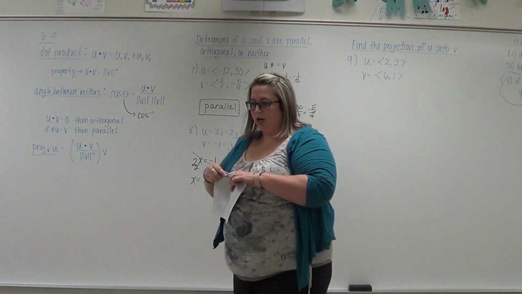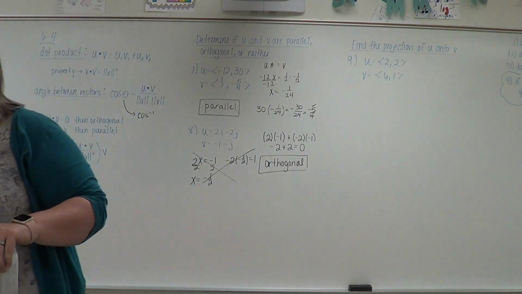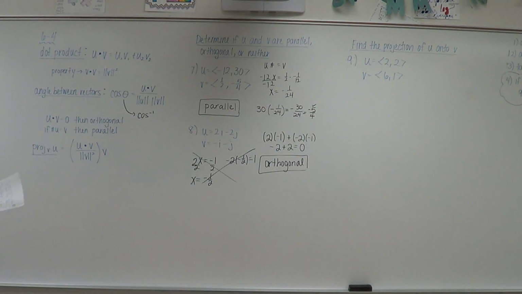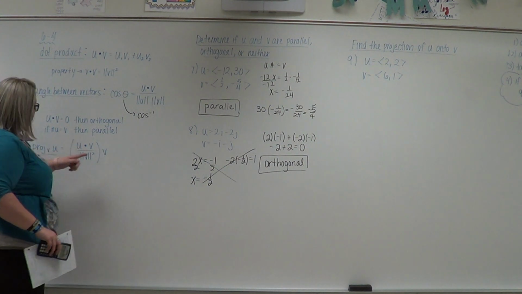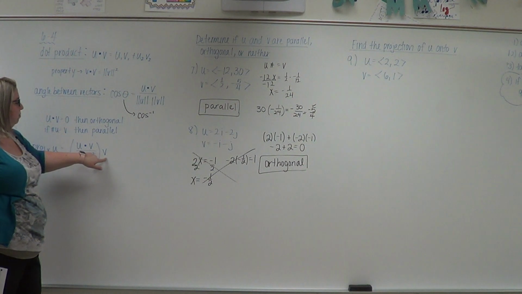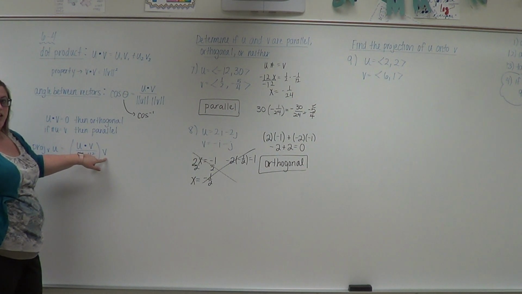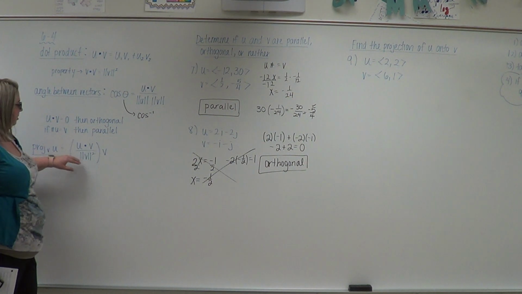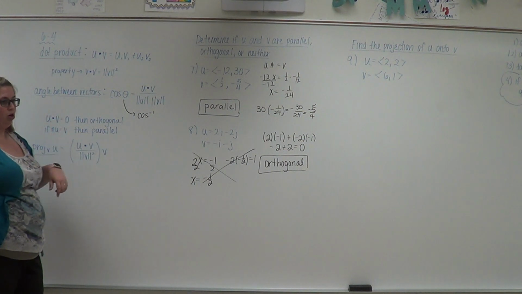Okay, so my answer on a projection is going to be a vector. How do I know it's going to be a vector? Because this is going to give me a number. Dot product gives me a number. That is a magnitude, which is a number, but then you're multiplying it by vector v. So this is a number that you're going to end up basically distributing.